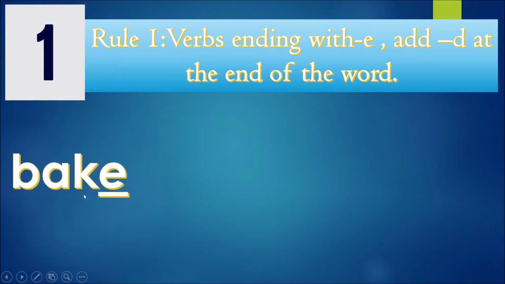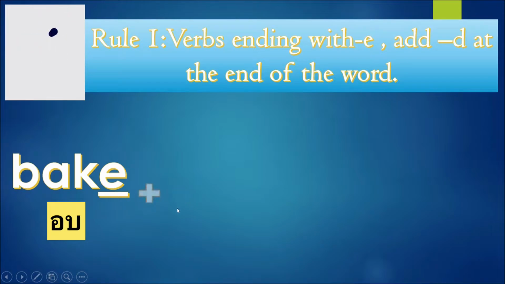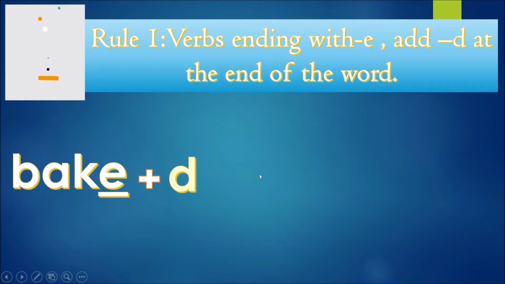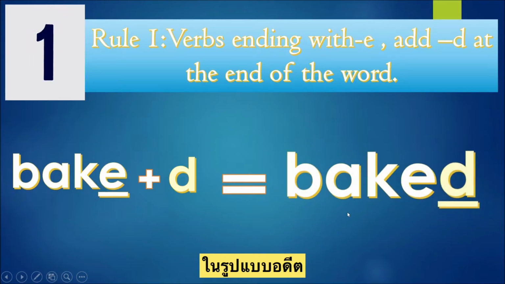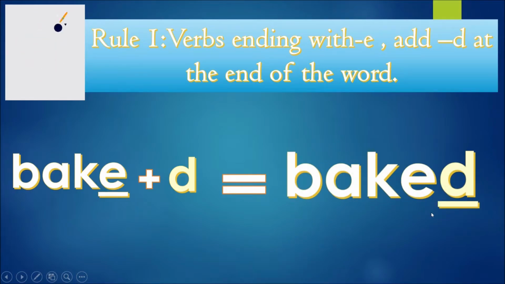Next, we have bake. B-A-K-E. The last letter of the word bake is E. The rule is you have to add D at the end of the word. Therefore, the past form will become baked.